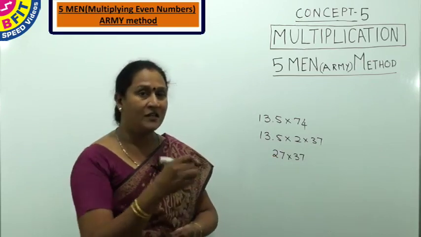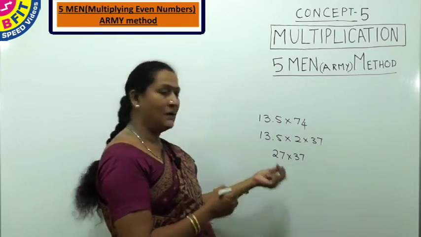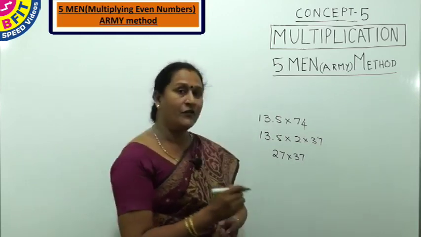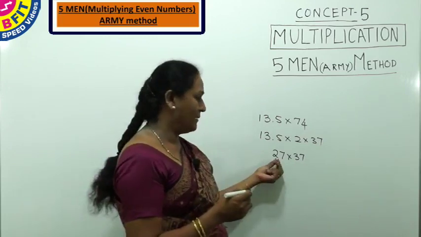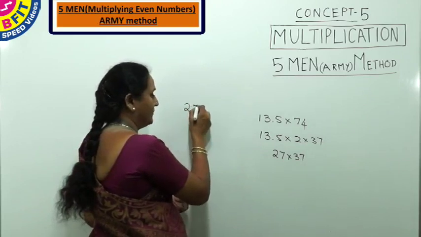But there is another shortcut when you are multiplying 37 with multiples of 3. This holds only if you are multiplying 37 with a number which is a multiple of 3.